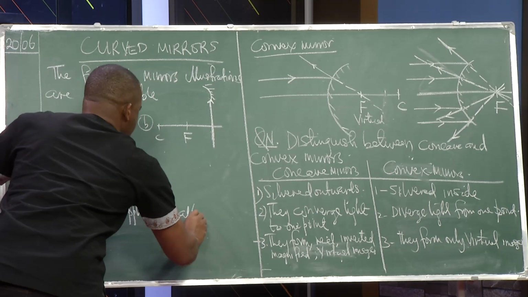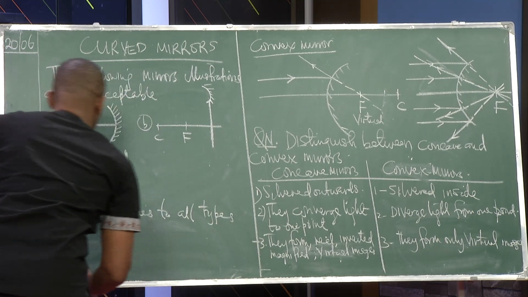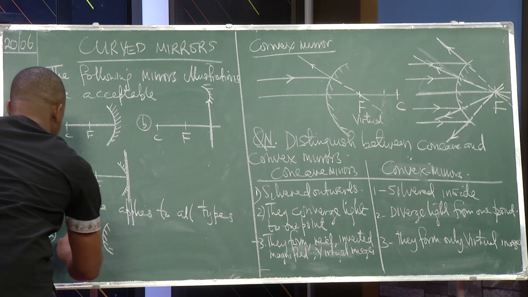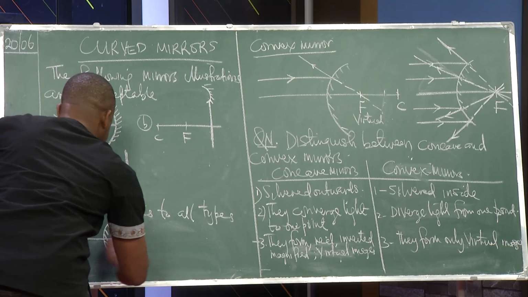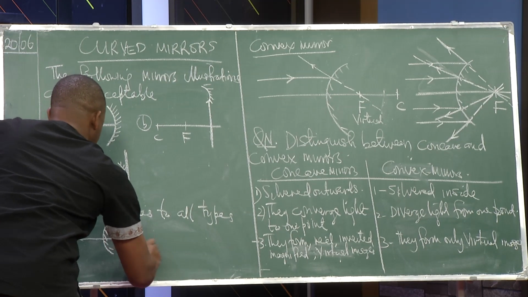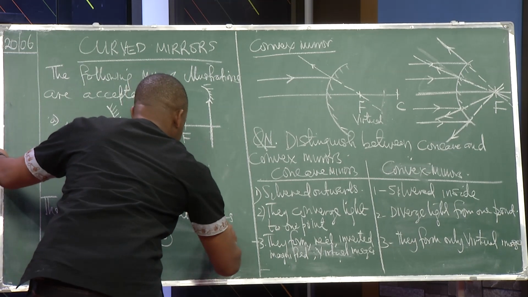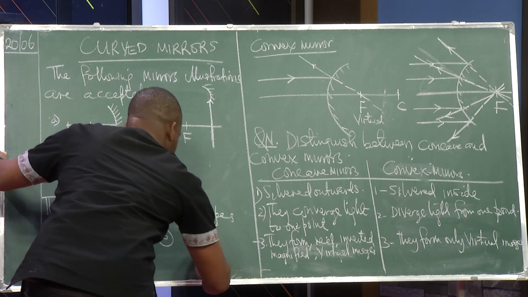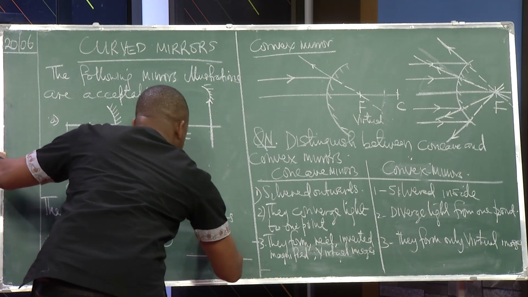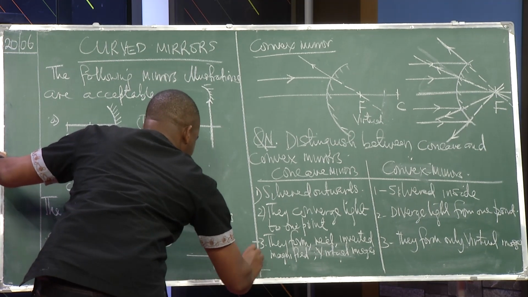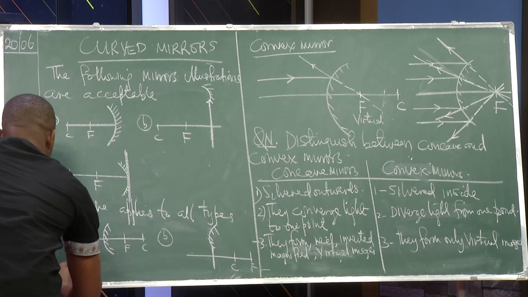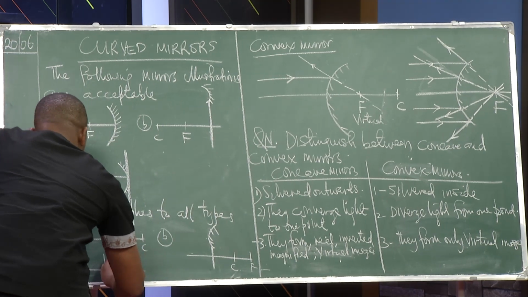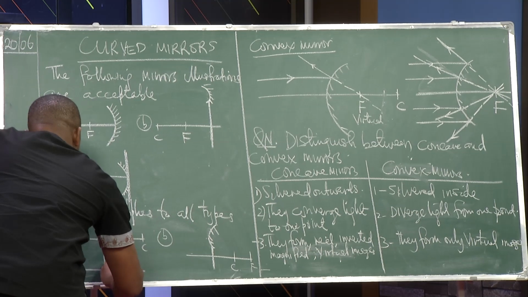In other words, if it was convex, we can also do this and present our points. We can also do this and present our mirror over there with our C and our F, and we can also do this and present our mirror over there.